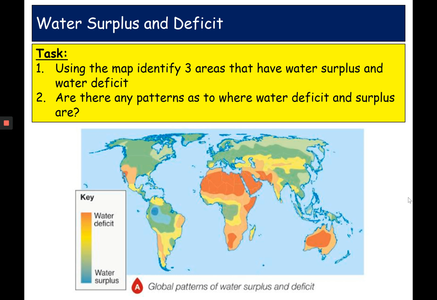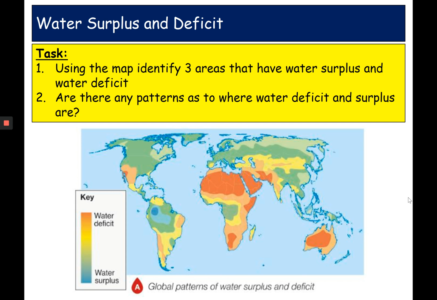Now on your worksheet, I've just put areas that could be continents, it could be countries if you can name particular countries there, or it could be parts of continents. For example, you could talk about Northwest Europe or Southeast Asia if you wanted to for part of those answers. So have a think about that, have a look, and have a go at writing those down, 3 specific areas for each in your booklet.